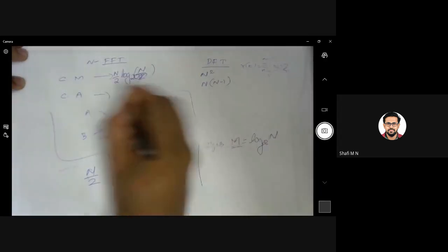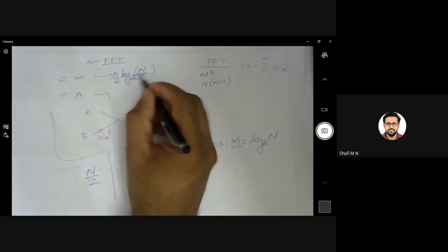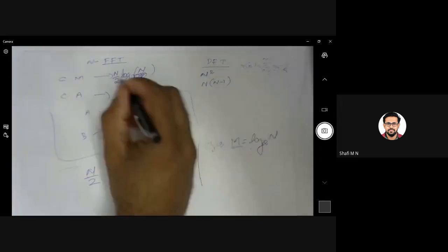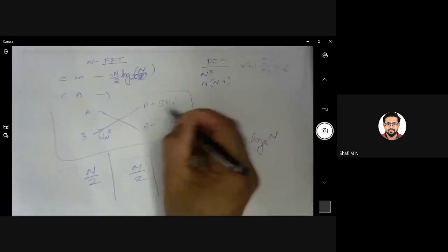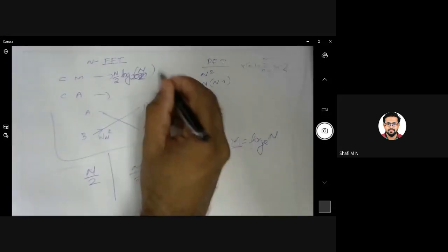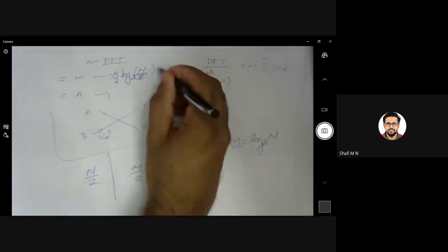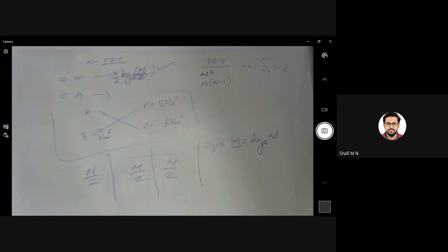So this is the total number of butterflies involved, n by 2 log n, isn't it? So one butterfly has one multiplication. So into 1 is the total number of multiplications involved. So this is the total number of multiplications involved. Correct?